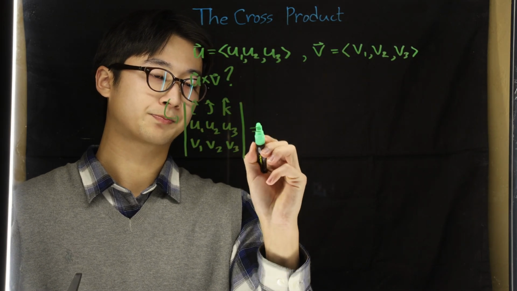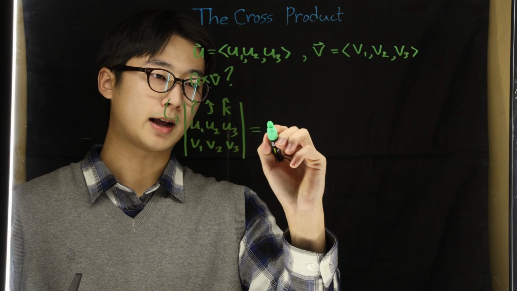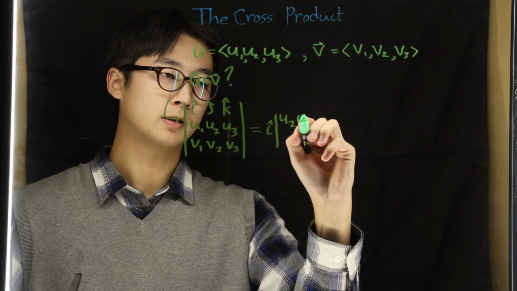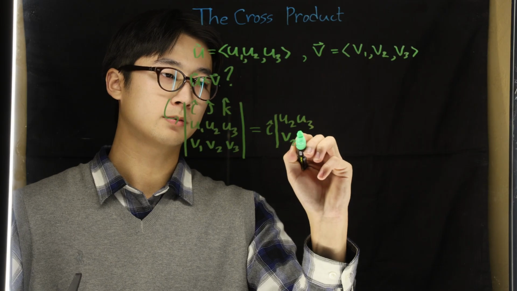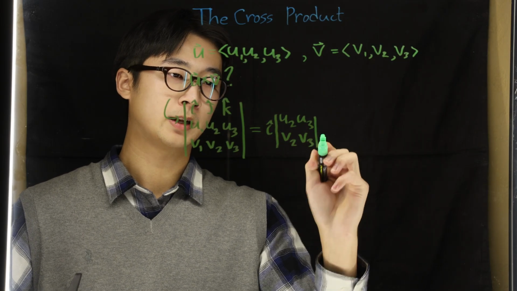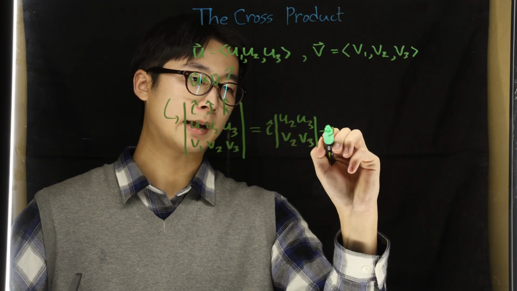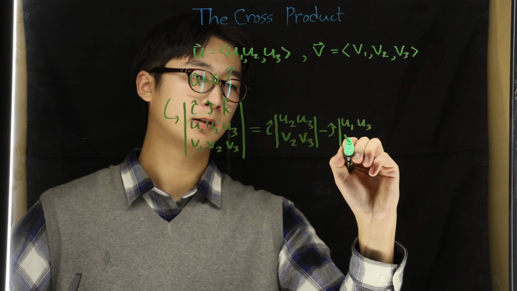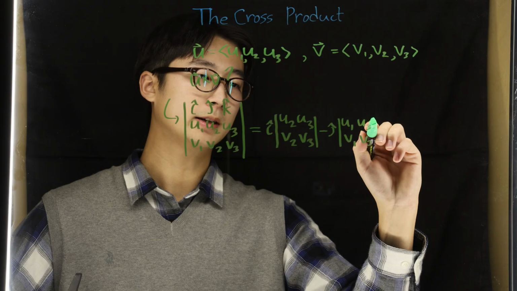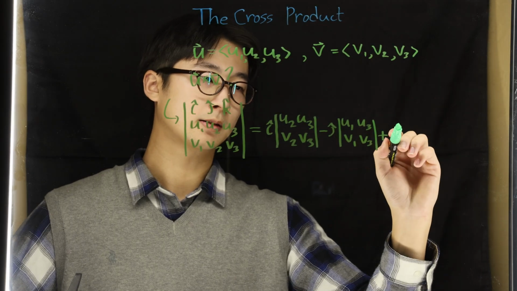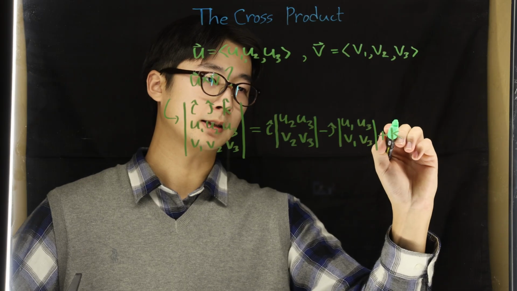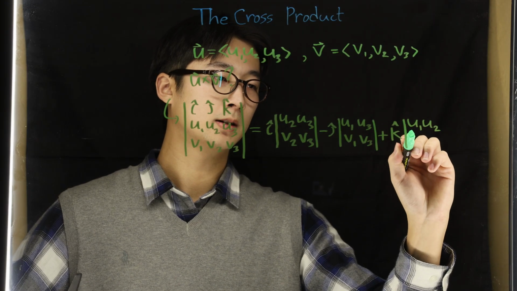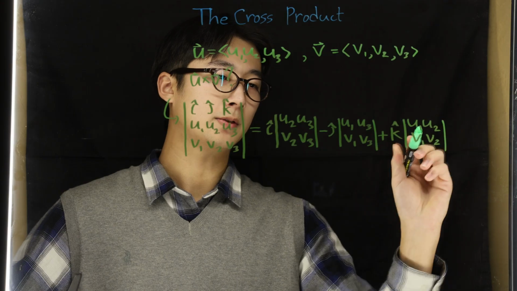This is equal to, first term is i hat times the determinant of u2, u3, v2, v3, and minus j hat times the determinant of u1, u3, v1, v3, plus the last term is obviously k hat times the determinant of u1, u2, and v1, v2.